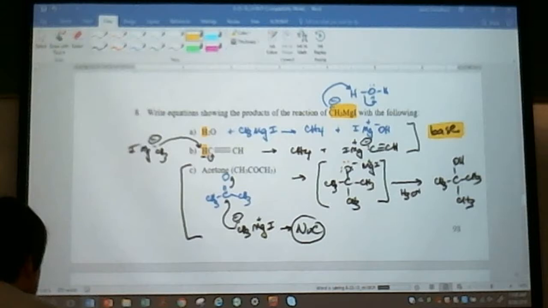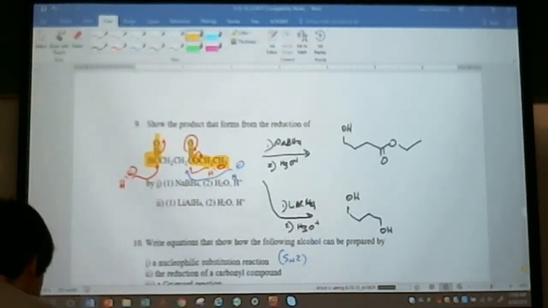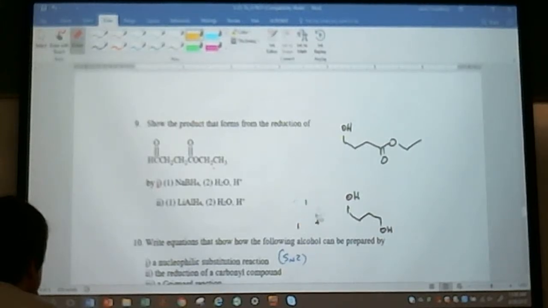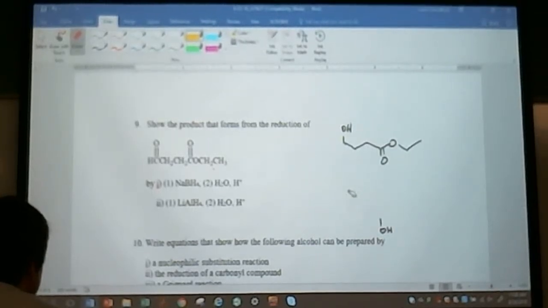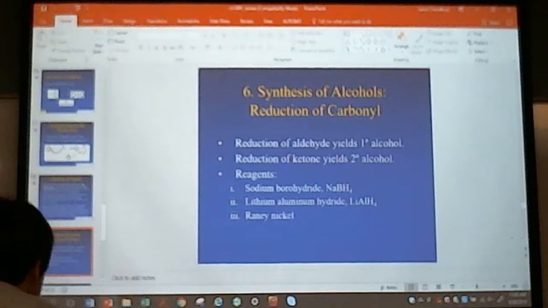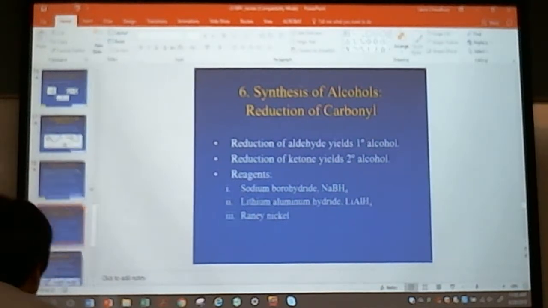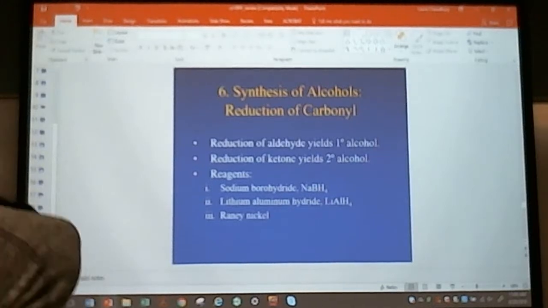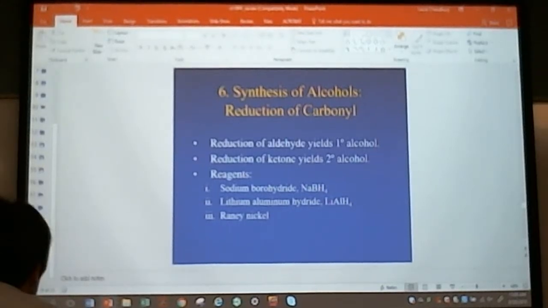Okay, so far, the thrust of this chapter is how do we make alcohols?